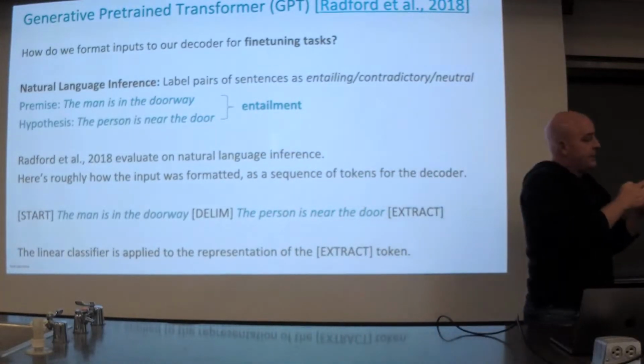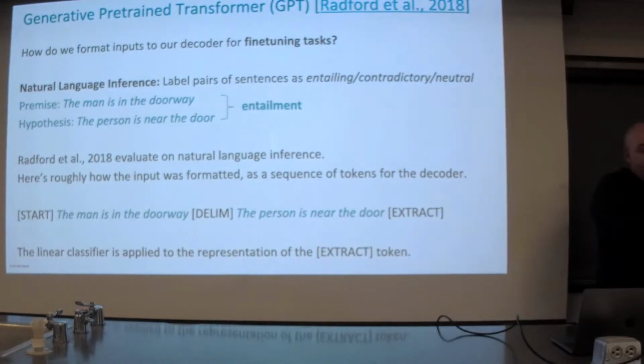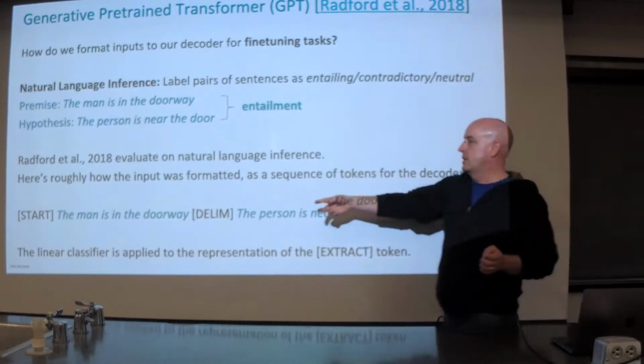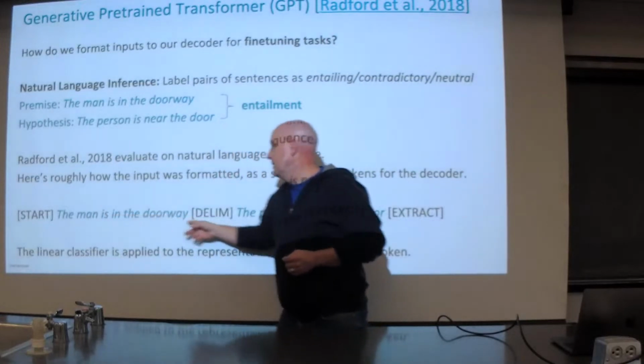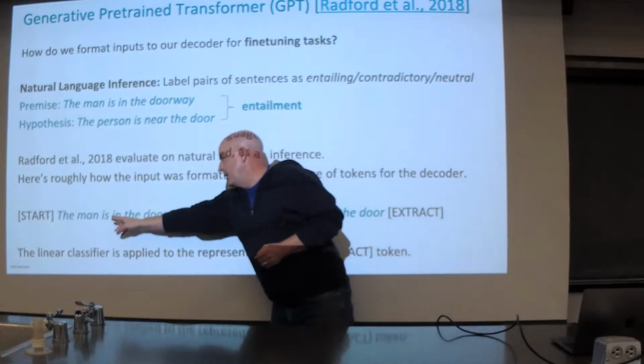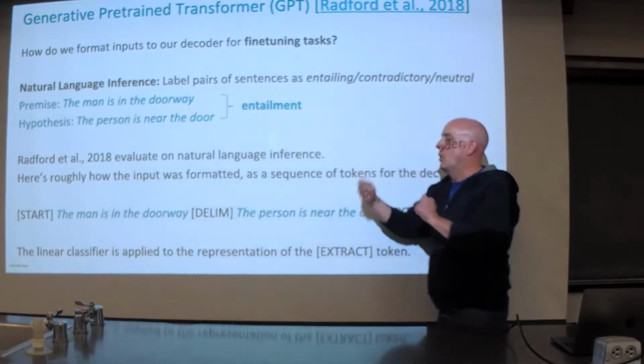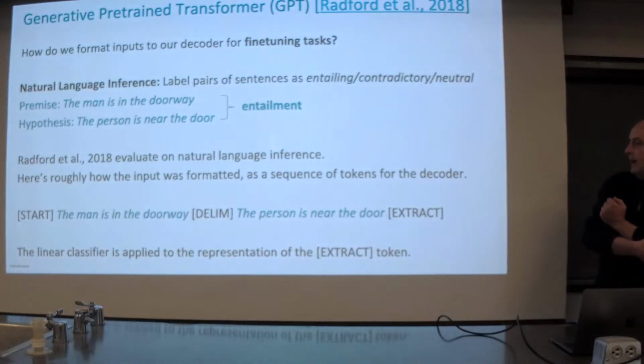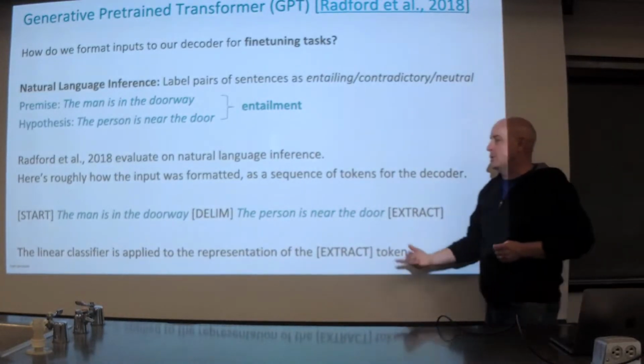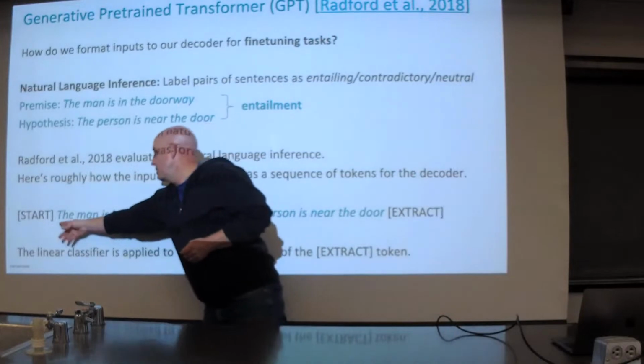If all I have is, I can just encode the whole sequence, but only one token after the other. The way you do that is you put special tokens into this.